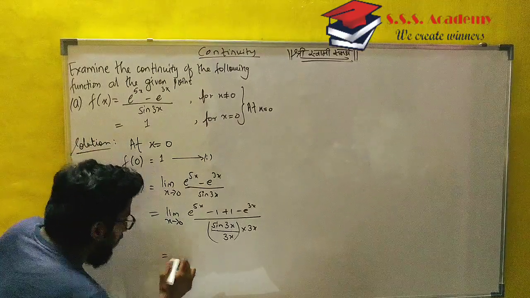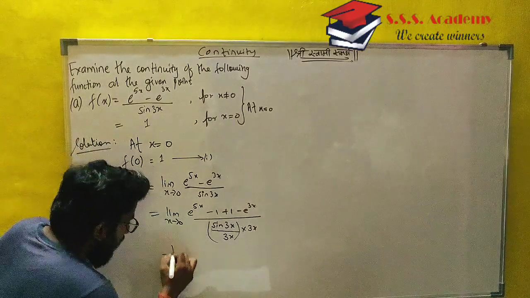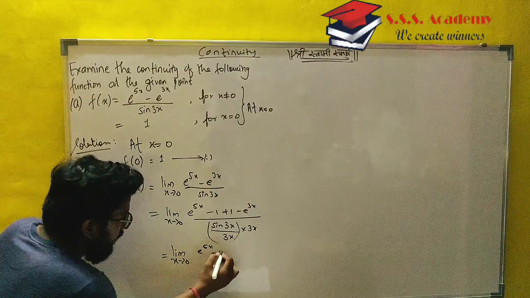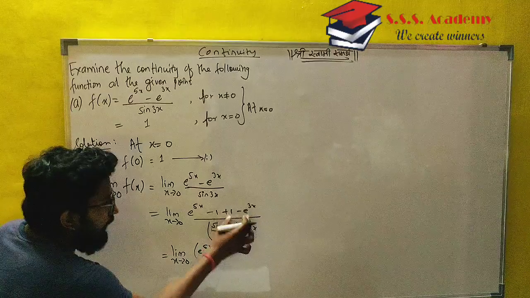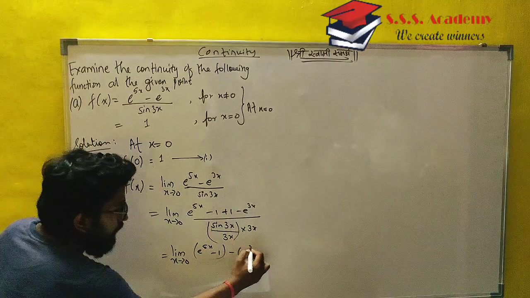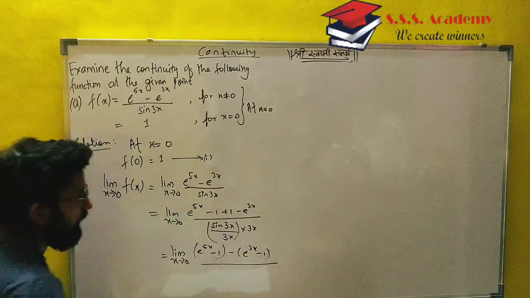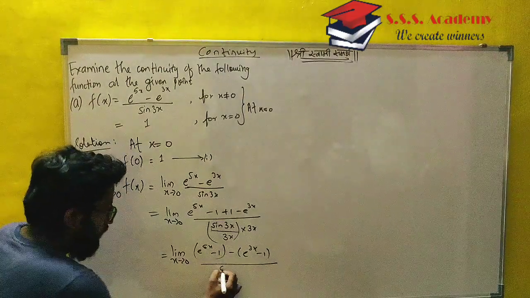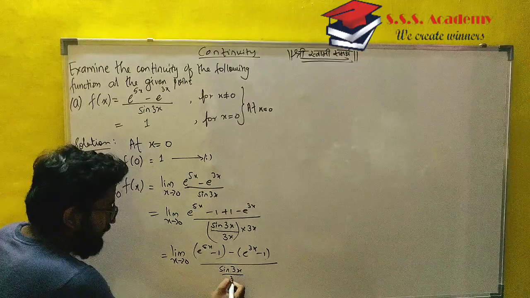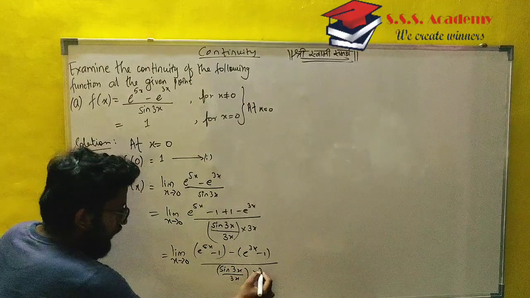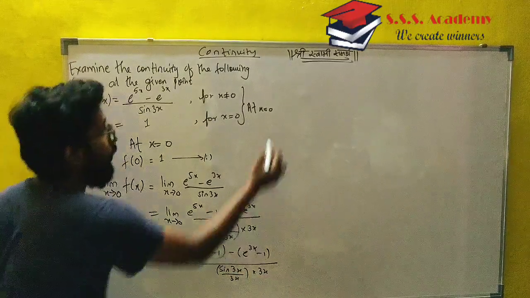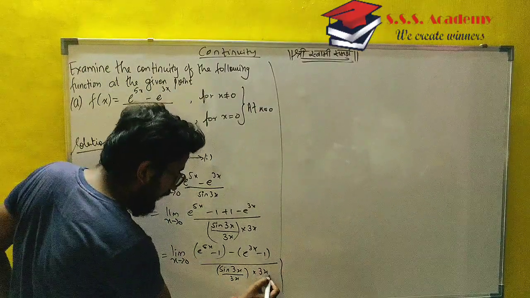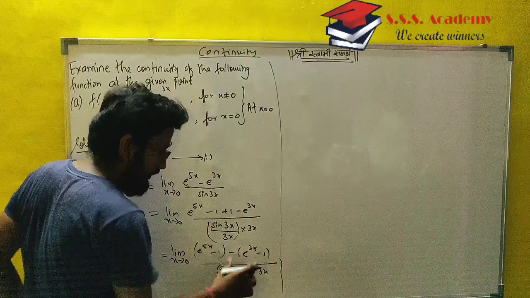Now let's work it out in the numerator. We get limit x tends to 0, e raised to 5x minus 1 together, and we take out a minus common, leaving e raised to 3x minus 1, upon sine 3x upon 3x into 3x. Now this 3 will split in the numerator with this term.